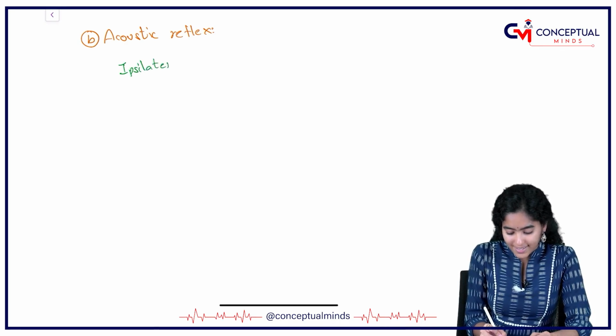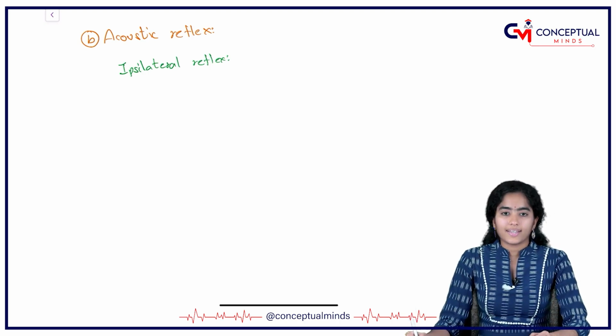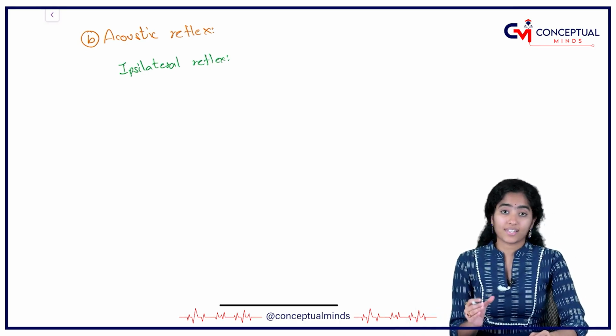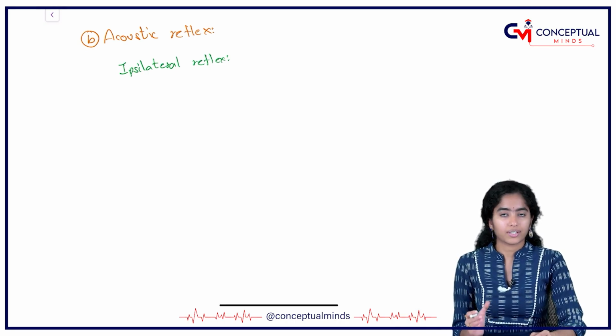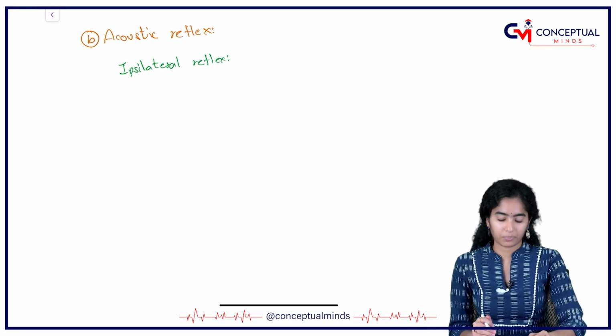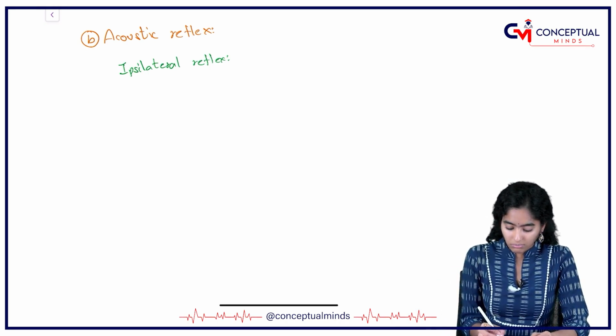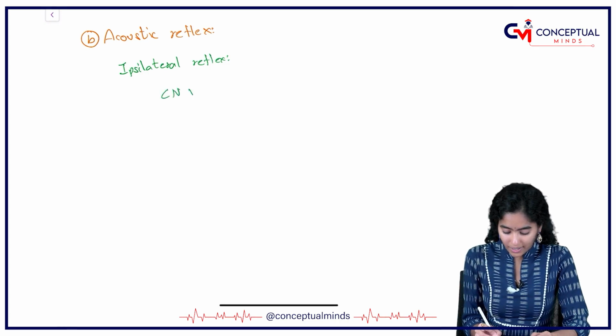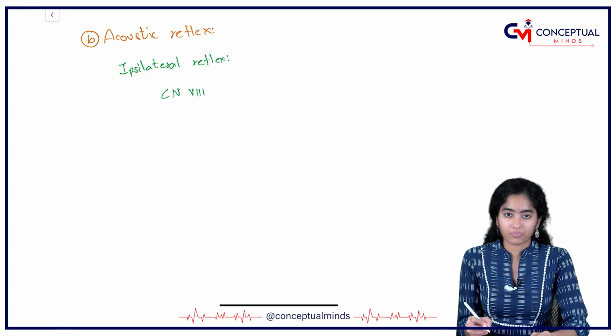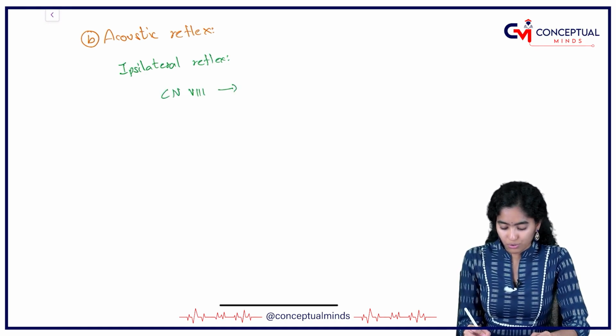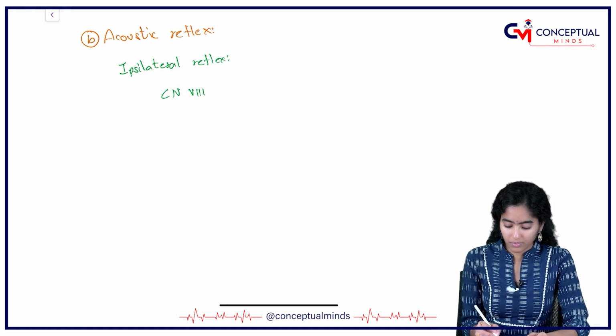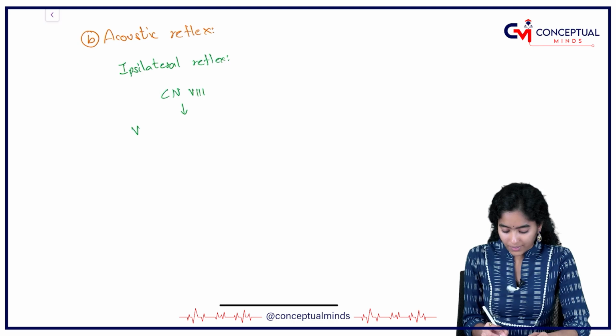Ipsilateral reflex, that is reflex on the same side, begins with the eighth nerve. It is the vestibulocochlear nerve that hears and perceives sound, right? So first we have cranial nerve 8 that goes into the ventral cochlear nucleus.